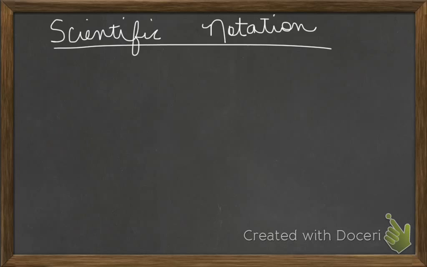If you have the number 4,184 and you want to write that number in scientific notation, standard scientific notation has one number before the decimal. Right now in this number, the decimal point is at the end.